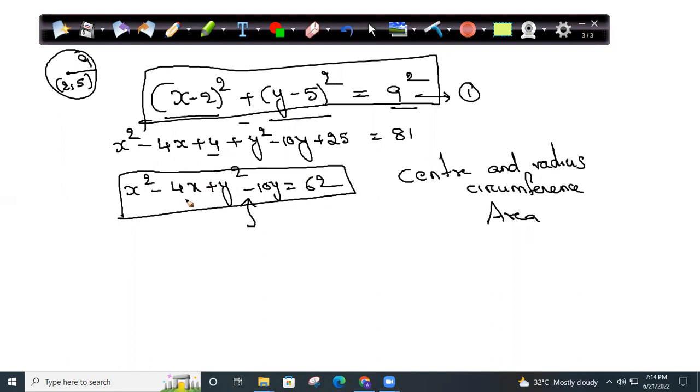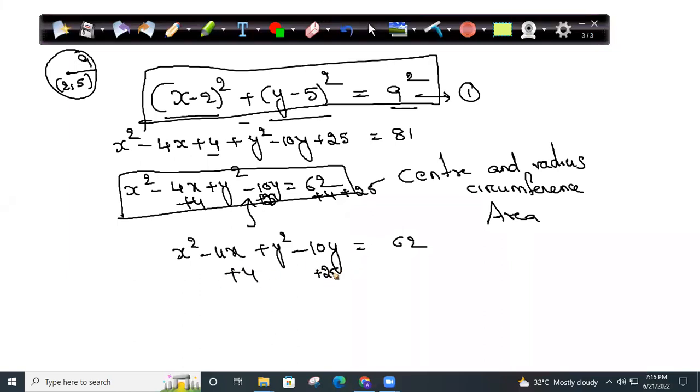So please see here. I'll add plus 4 and plus 25 on this side, and I'll also add plus 4 and plus 25 on the other side. I'm repeating: they gave me the equation x square minus 4x plus y square minus 10y equal to 62. Now I need to find the center and radius, so I'm adding plus 4 and plus 25.